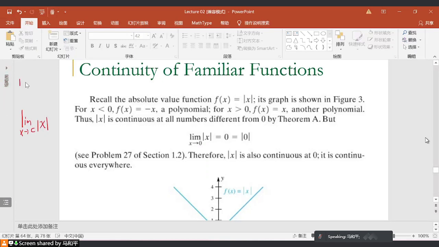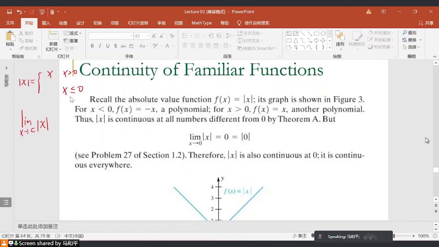The definition of the absolute value function is this one. For x greater than 0, it is x.